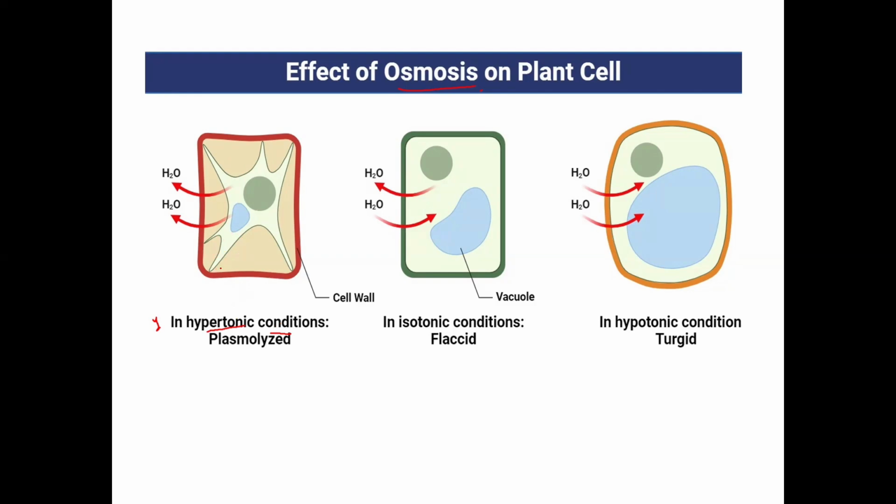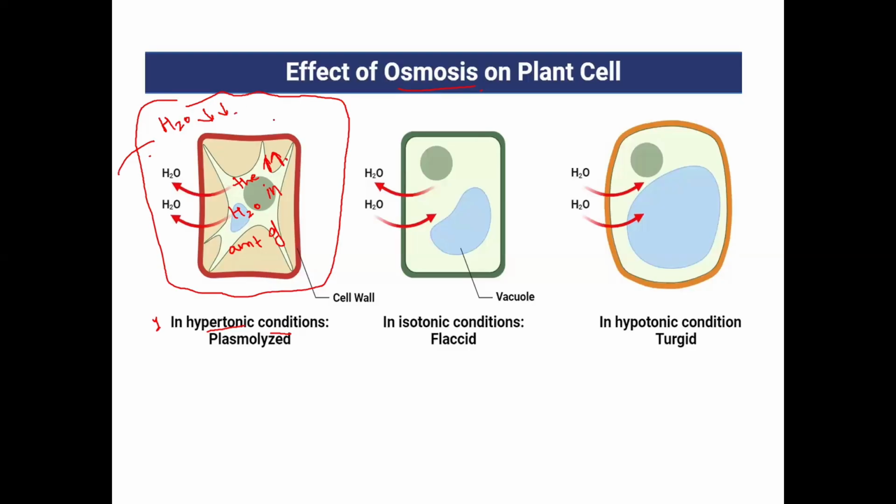It's a condition where the amount of H2O in the cell is very high, and the cell is dipped in a solution with very low water concentration. Water moves automatically from high to low. This will lead to plasmolysis, or plasmolyzed. The cells are going to shrink.